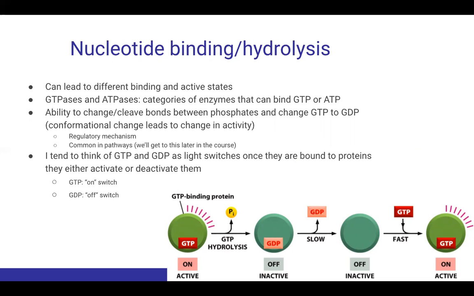And then once the extra phosphate is cleaved, it becomes GDP, which is the protein in its inactive state. And yeah, so that's nucleotide binding, and you'll definitely see that in the nuclear import, nuclear export, and a lot of the other pathways as mechanisms to activate or deactivate proteins. So does anybody have any questions on this slide?